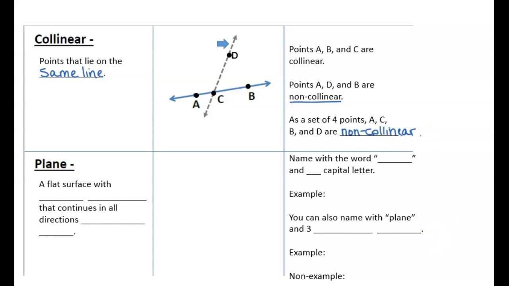Okay, so just a couple interesting things about this diagram right here. Points D and C are collinear. Truthfully, any 2 points that you can name are always going to be collinear, so we're going to find that out in a moment in a postulate.